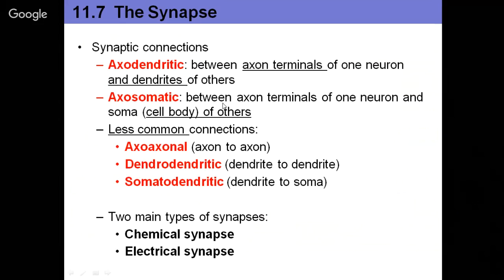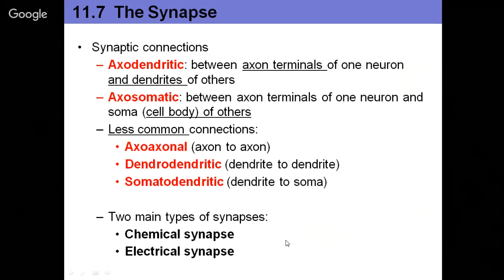The axosomatic happens between axonal terminals of one neuron and the soma of the others. The less common connections would be axoaxonal, that is from axon to axon, dendrodendritic, dendrite to dendrite, or somatodendritic, dendrite to soma.